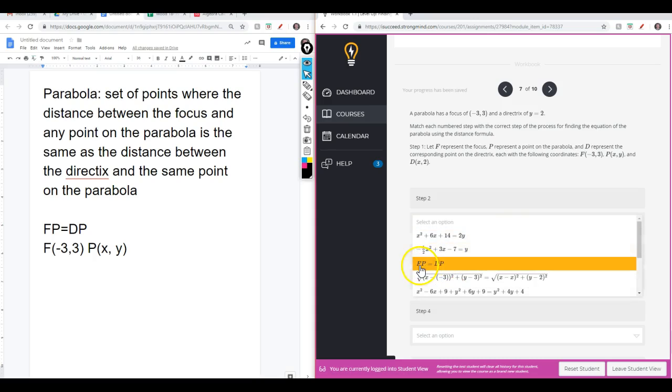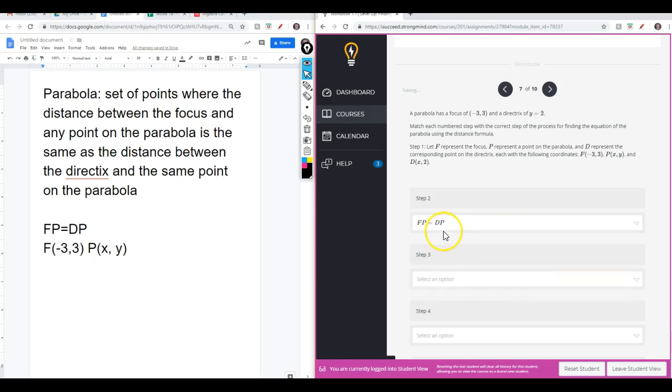So step 2 is actually first setting these distances equal to each other. And then for DP, again our point D is located at (x, 2) and the point is any point on that parabola.